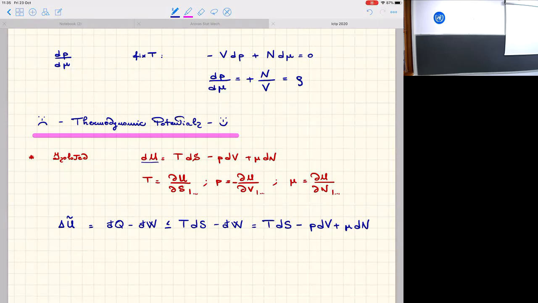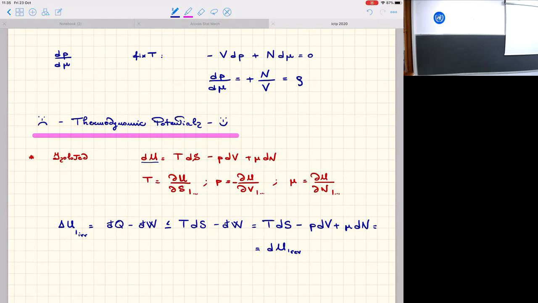Because this is dU computed on a generic, irreversible transformation, and this is the differential of an infinitesimal reversible transformation. So that way we understand each other.